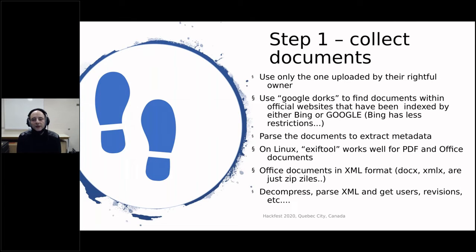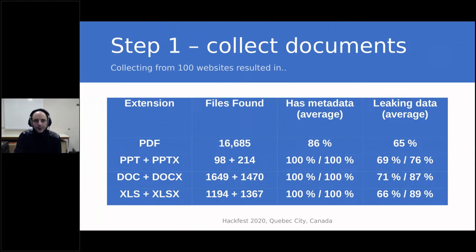From these documents, we extract metadata and we manually parse the metadata of the OpenOffice or Office files to see if we can get something more out of the metadata that is not being decoded properly by other tools. Some of the XML format documents are basically zip files, so, for example, XLSX files or DOCX files, you can rename them as zip, decompress them, and then you can analyze the content.